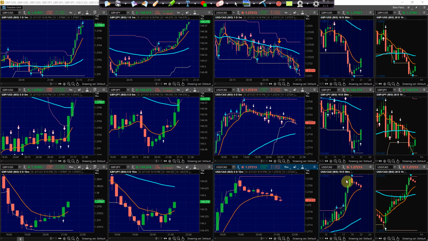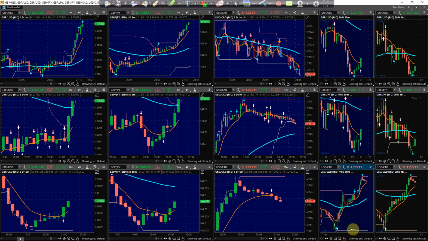So let's start with the USD CAD. If we look carefully over here, the USD CAD had a white arrow pointing back quite some time ago. That's the last white, pink, or super arrow, not the blue, we're ignoring the blues.